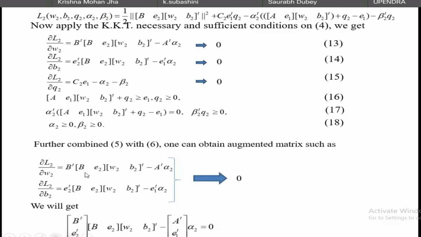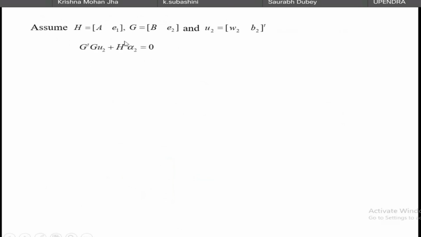So here we can write B transpose E2 transpose, and here as it is, minus A transpose E1 transpose alpha 2. Because this is represented by G transpose, you can write G transpose G U2 plus H transpose alpha 2 is equal to 0.